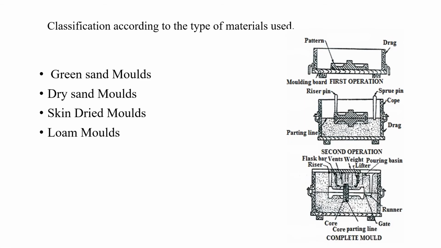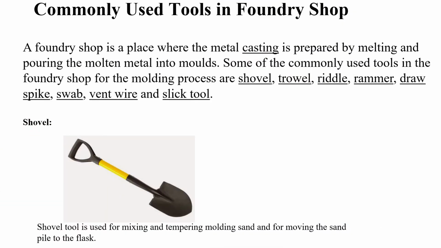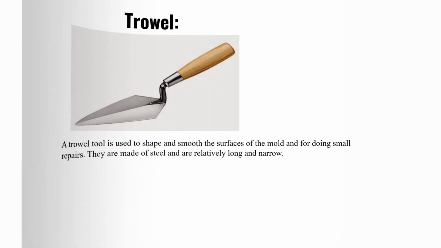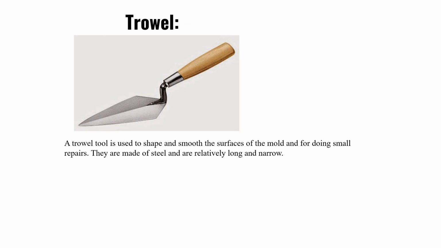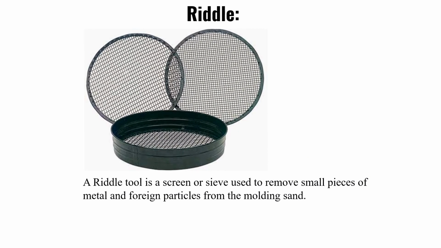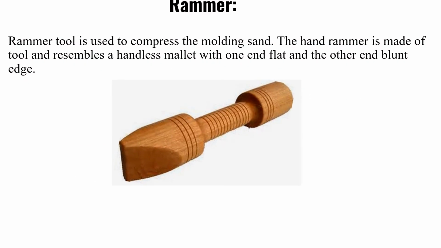We have some classifications like green sand mold, dry sand mold, skin dry, and so on. We have some tools here like shovel, trowels, sieve, which is called riddle, and rammers, which are used to compact.